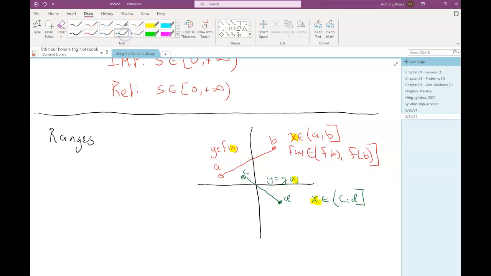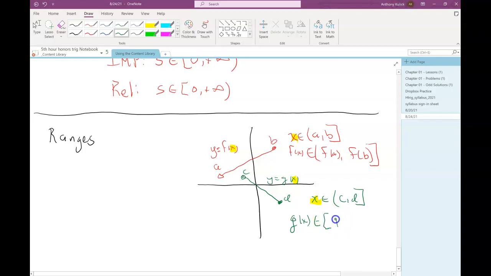But let's look at what happens with the decreasing function here. So we have g of x now, or if you wrote y, that would be okay too. I'm going to write g of x and f of x though, just to be specific so that you know which one we're talking about. So the smallest y-coordinate happens when x is equal to d, right?